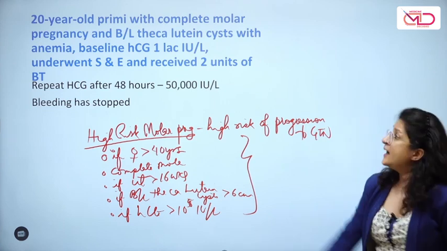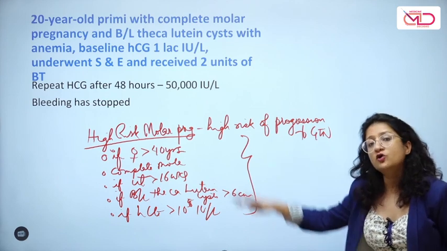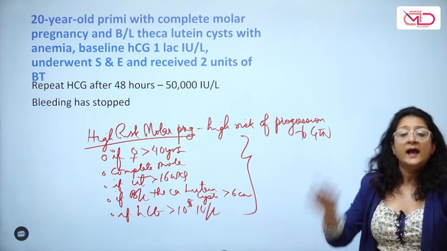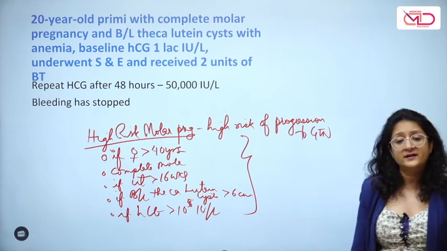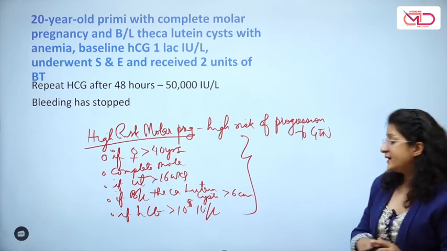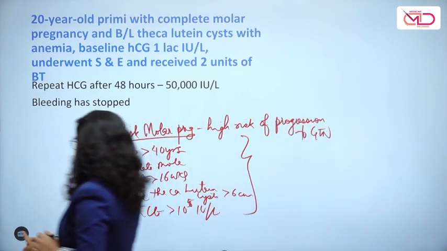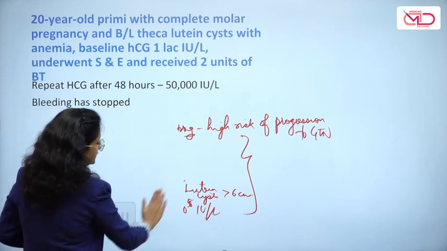My patient has no such factors or combination of factors in place. Even if there is a high risk molar pregnancy, even if all of these factors are present, even then the latest recommendation is that one should refrain from rampantly using prophylactic chemotherapy.